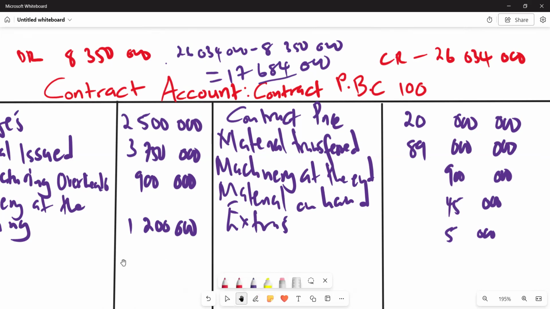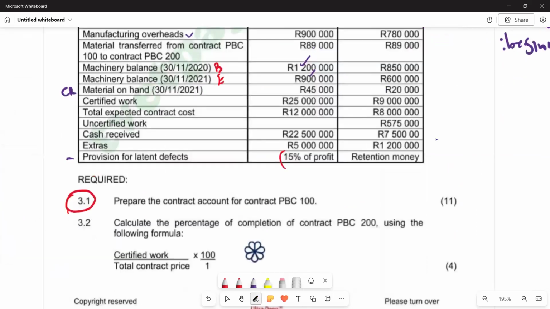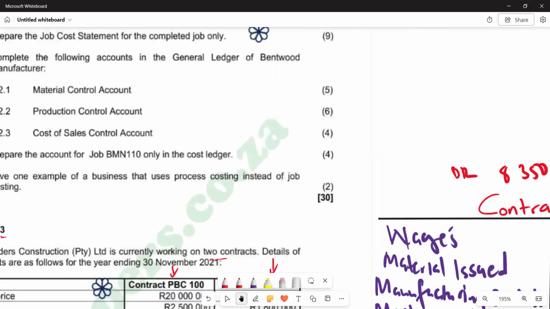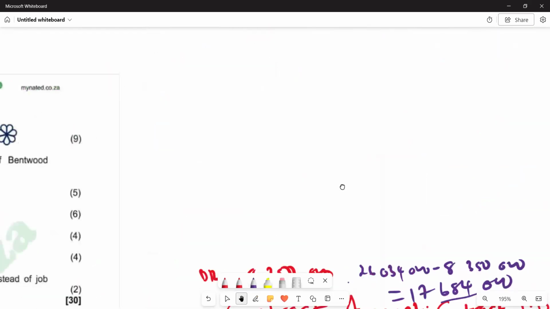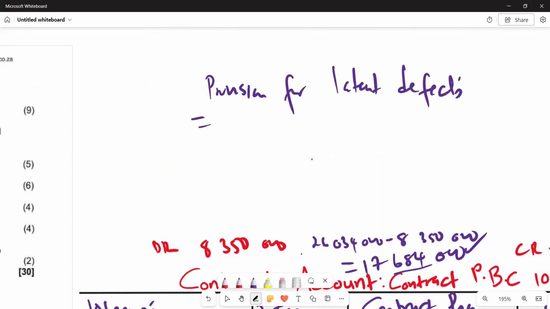So if you come here, we have our provision for latent defects being 15% of profit. Remember the figure that we got for the expected profit is 17,684,000. So to get the provision for latent defects, it is equal to 15% as a decimal, which becomes 0.15.